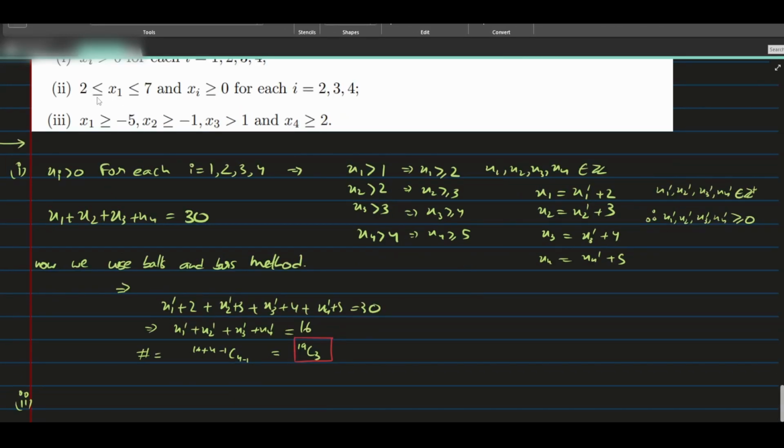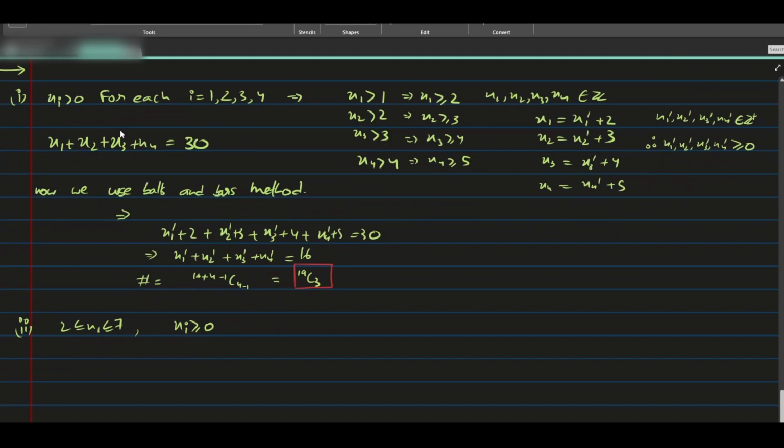The second question: we have x1 greater than 1 and less than or equal to 7, and all the other x's greater than or equal to 0. That means x2, x3, and x4 are greater than or equal to 0. Only x1 is greater than or equal to 2 and less than or equal to 7.